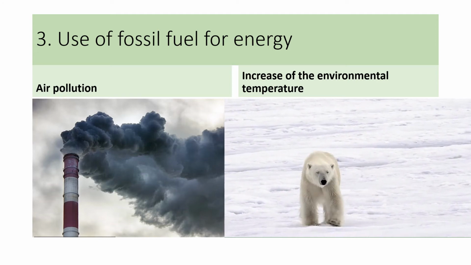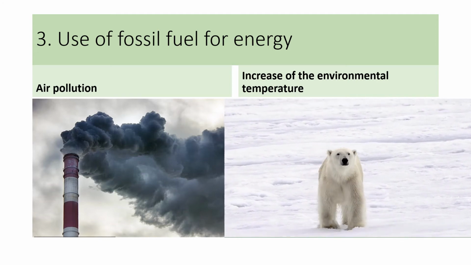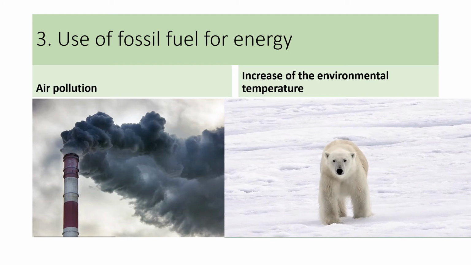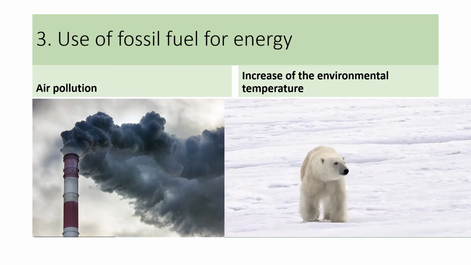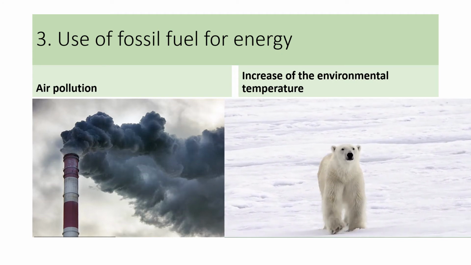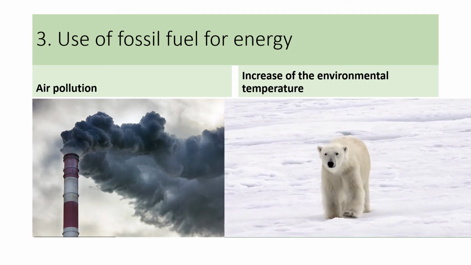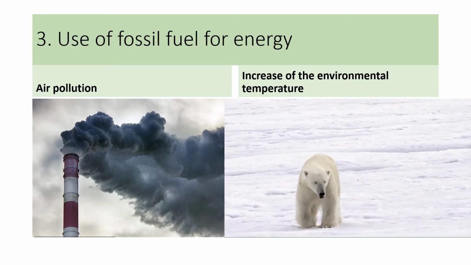So it will be added to the ocean and the sea level will go up. So the small islands will go underwater, and not only that, the habitats for animals such as polar bears will be destroyed. So when the ice melts, they won't have a place to live.